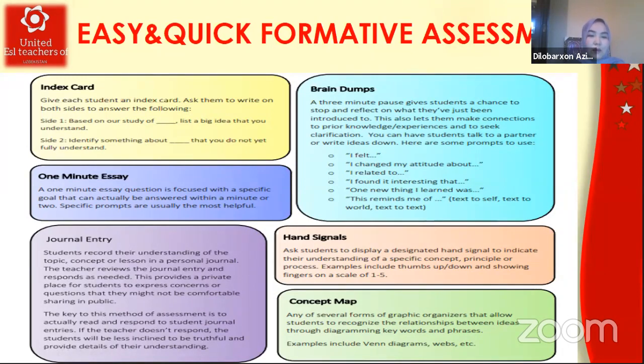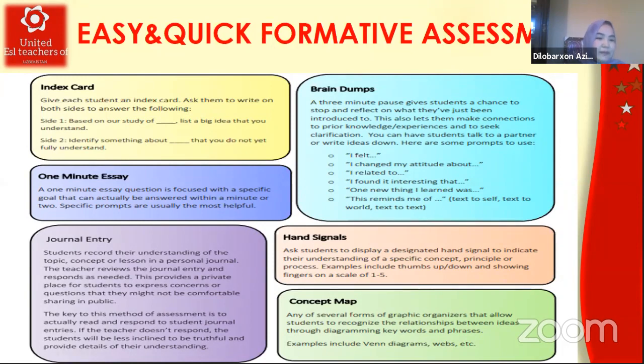One thing will be a big idea which they have understood during the lesson, and one thing which they don't understand during the lesson. So here you can promote group collaboration, or peer collaboration with each other, or you can provide answers for their confusions as well.